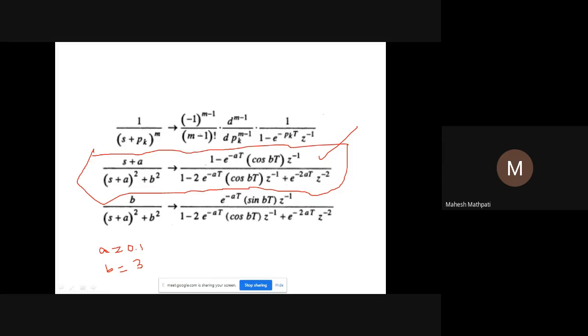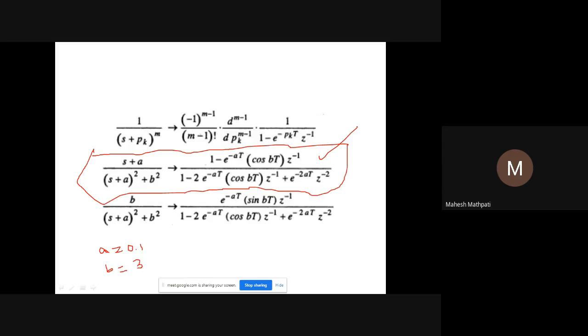Call it equation 1. Have you noted this? Yes, sir.